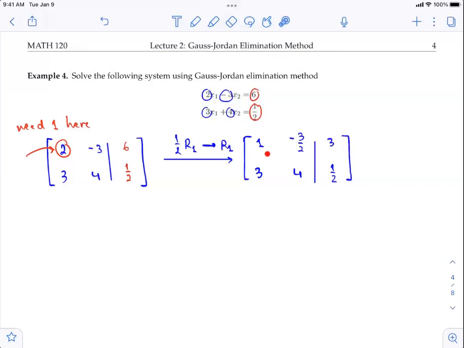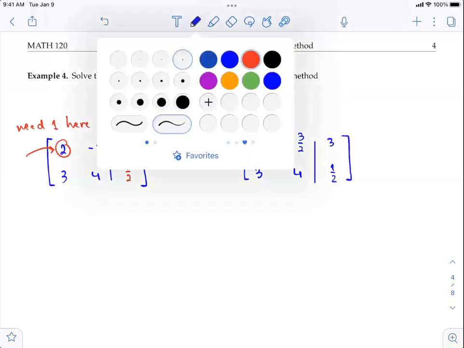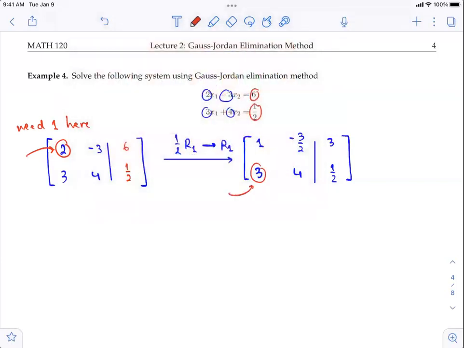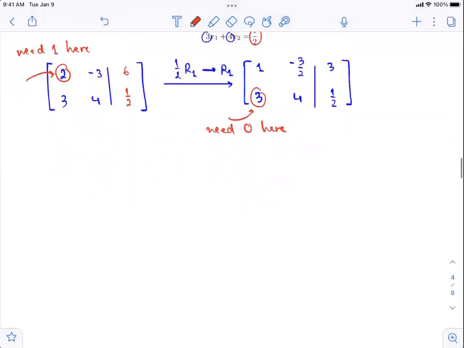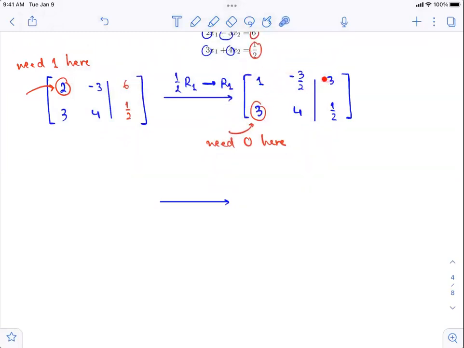Now remember, for the reduced row echelon form, the entry below the leading one has to be equal to 0, and the entry above it has to be equal to 0. So you want 0 here. And to obtain the 0, I need to borrow what I have for row 1.